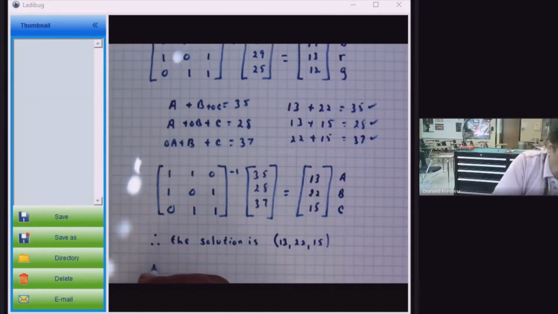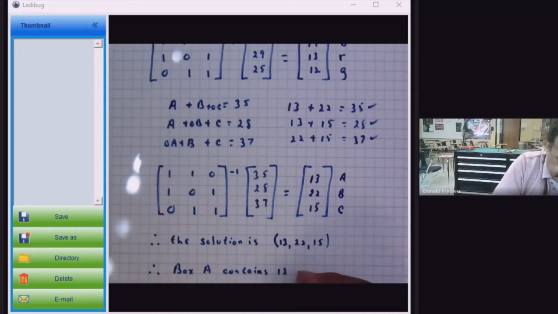You're going to have to write, therefore, box A contains 13 cookies. Box B, and you can't do these dittos like I did. You got to write it out.